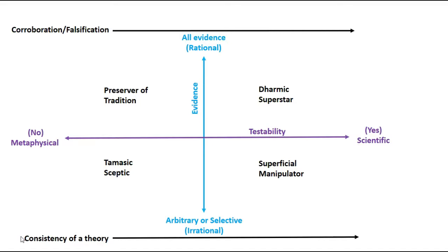And what a researcher should do is list all the evidence and note down which of that evidence was corroborated by the theory and which was not, as opposed to the typical approach you will see from the superficial manipulator category, which is to simply avoid the evidence, simply not talk about the evidence that cannot be corroborated for a given theory, or to somehow explain it away.